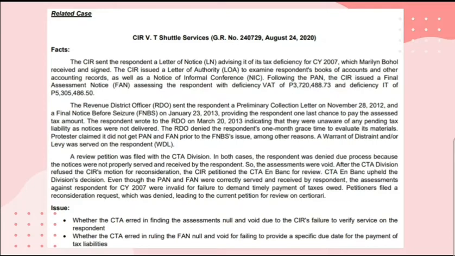However, on April 23, 2013, respondent was constructively served with a warrant of distraint and/or levy, to enforce the collection of unpaid taxes.